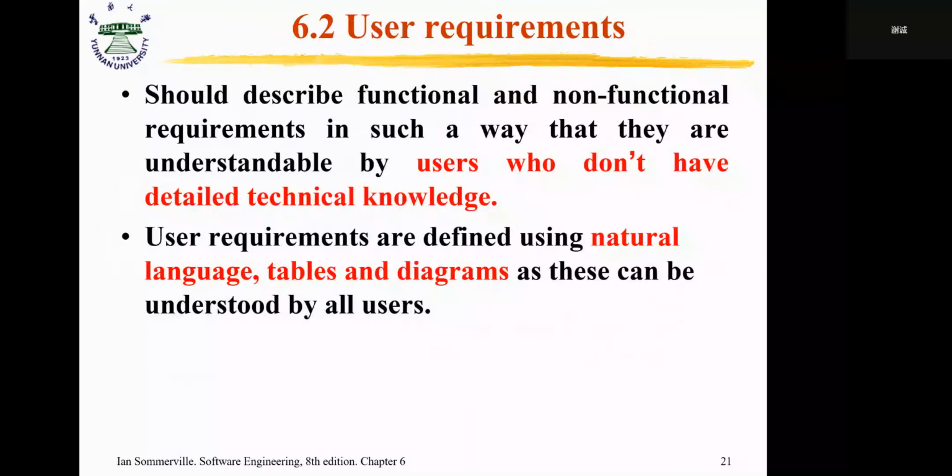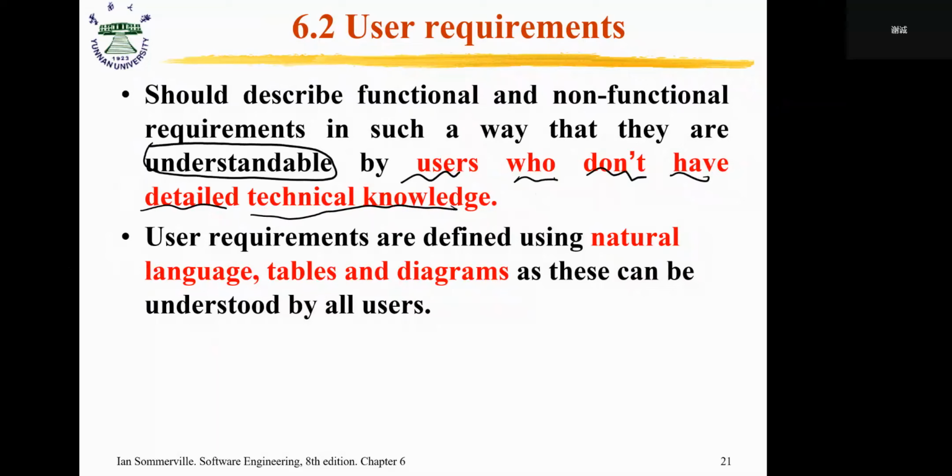And about the user requirement. User requirements should describe functional and non-functional requirements in such a way that they are understandable, very important here, understandable by users who do not have detailed technical knowledge.